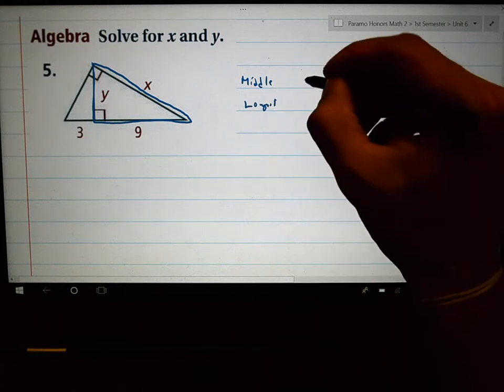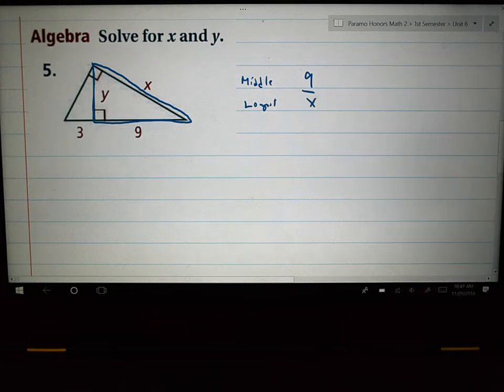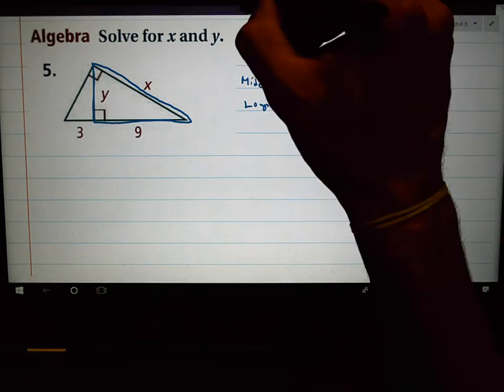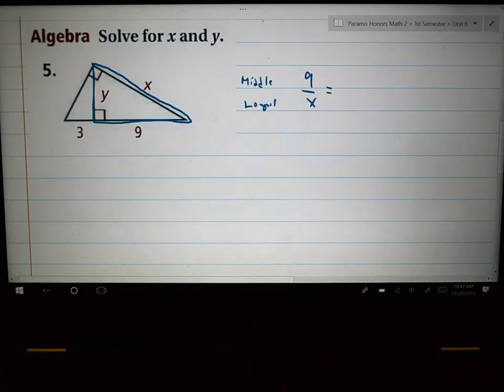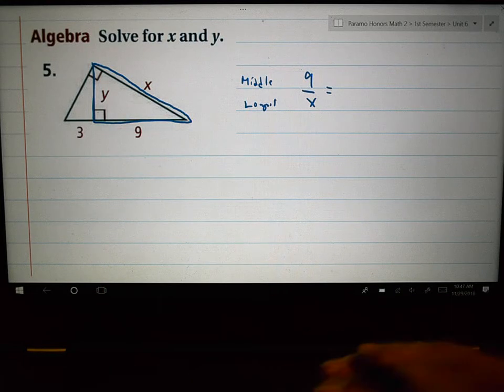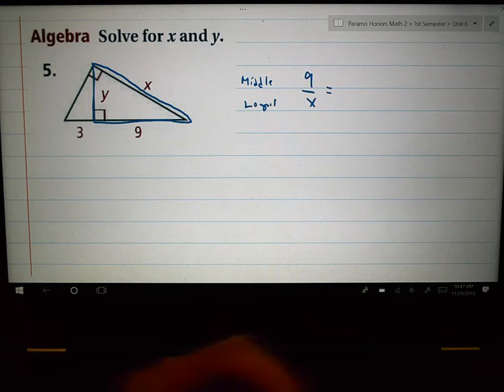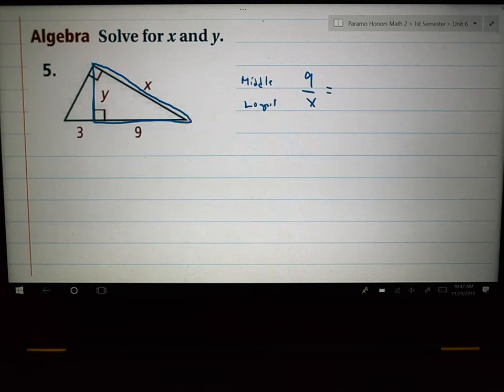It needs to be 9 over x. So I keep things lined up using the blue triangle for my first ratio. And then I need to look for another triangle that has the same information with the same variable if possible.